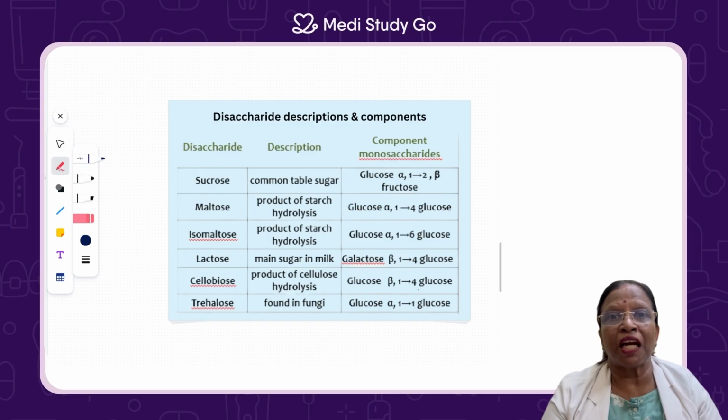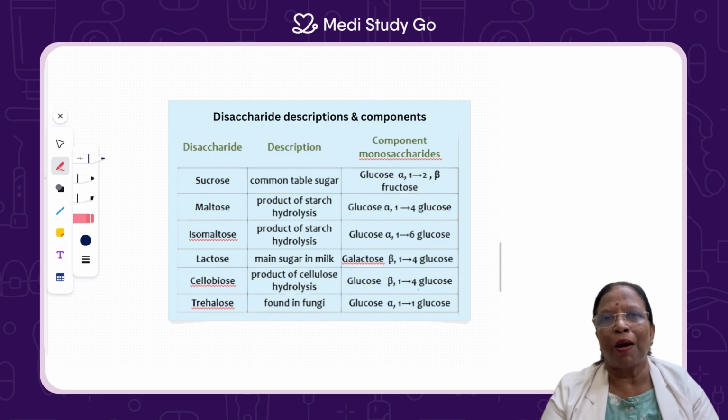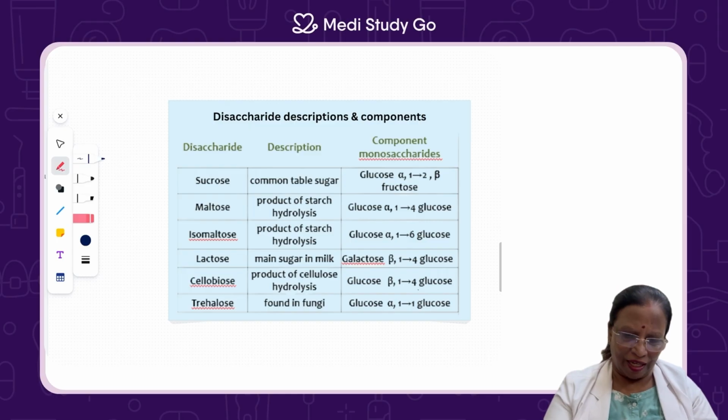It has an alpha 1,1 glycosidic bond. So this is also a non-reducing disaccharide. So the examples for non-reducing disaccharides are sucrose and trehalose. All the others that we have seen in this table, maltose, isomaltose, lactose, cellobiose, are all reducing disaccharides.